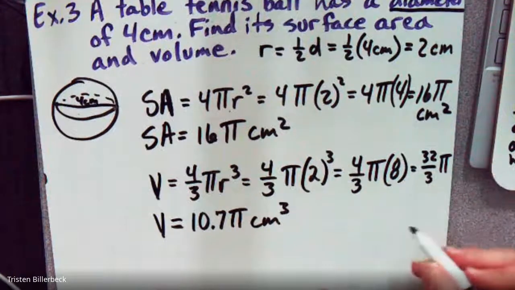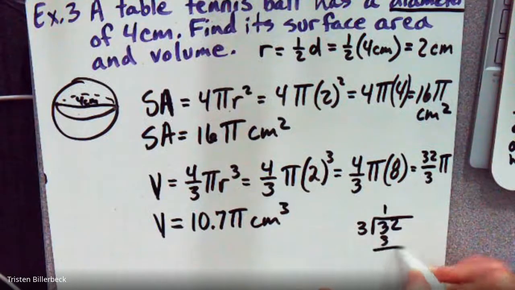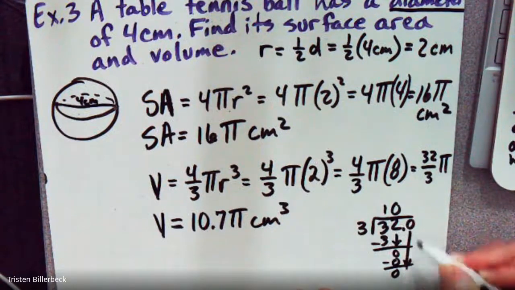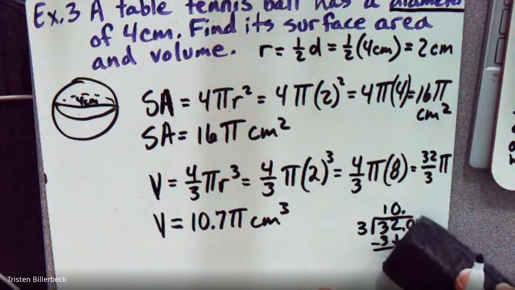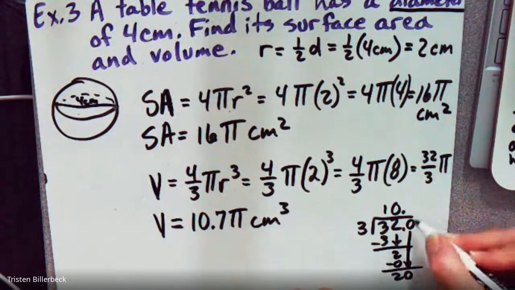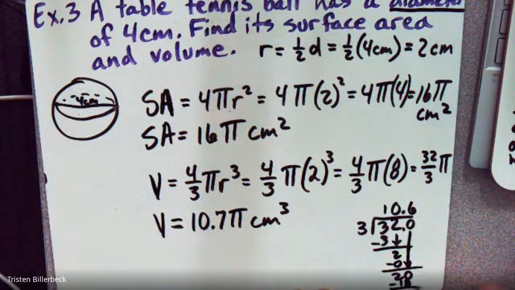So I just took 32 here, divided it by 3, had 1, dropped the 2 down, 0, and then when I subtract, I have 2, but then when I drop this down, I get 6, because 18 works, but then I just keep getting 2.